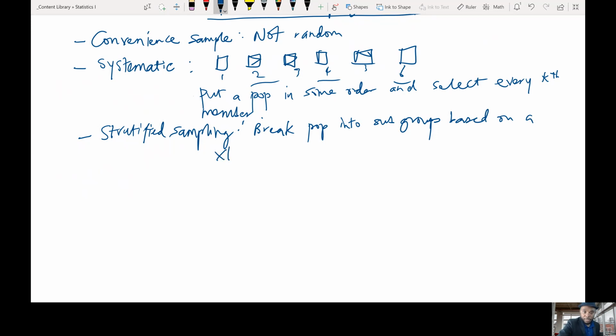Now, these characteristics could be, say, we break a subgroup into different races, okay? And then we sample each subgroup.